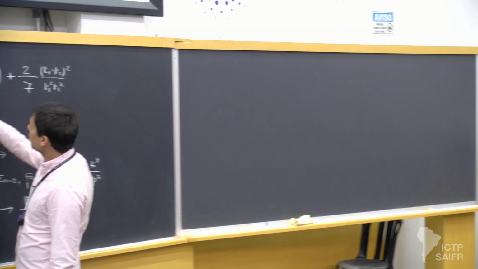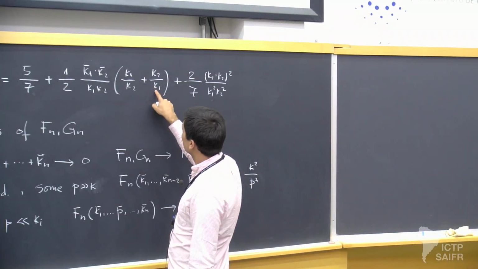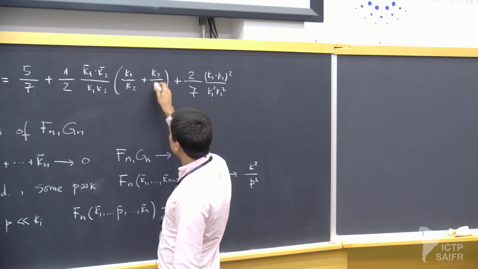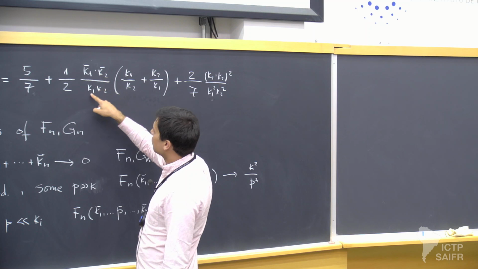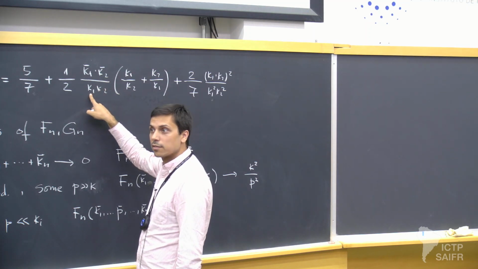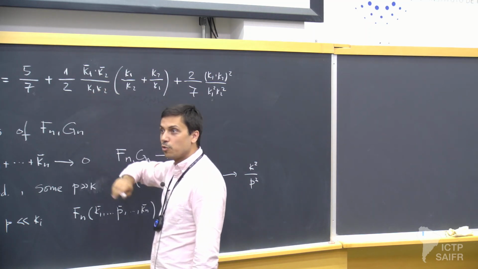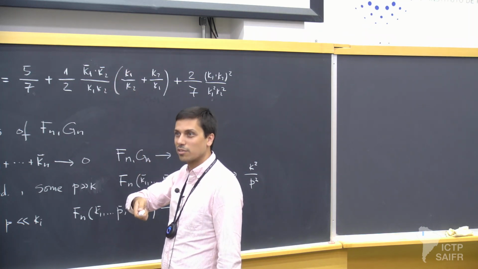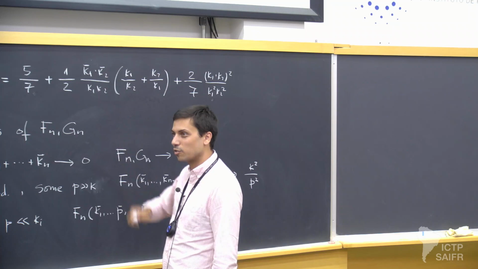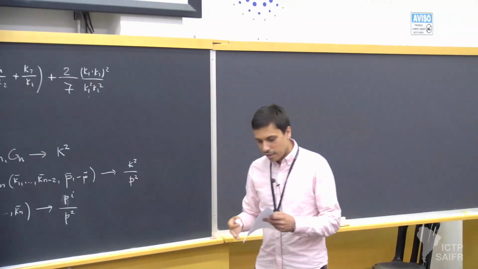But look at this other term: we get k1 dot k2 divided by k1 squared. Therefore this contribution just grows as I make k1 smaller and smaller. It's a divergent contribution.